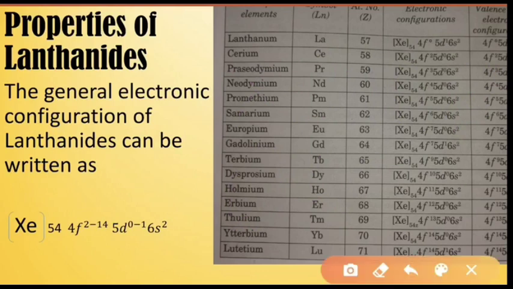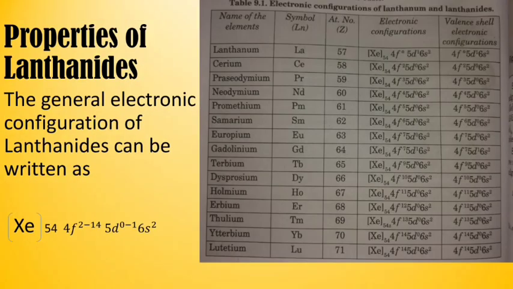Thus, the electronic configuration of lanthanum is 4f0, 5d1 and 6s2, not 4f1, 5d0, 6s2. So the electronic configuration of lanthanum is xenon 54, 4f0, 5d1 and 6s2.